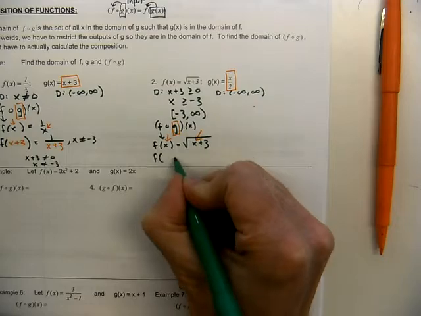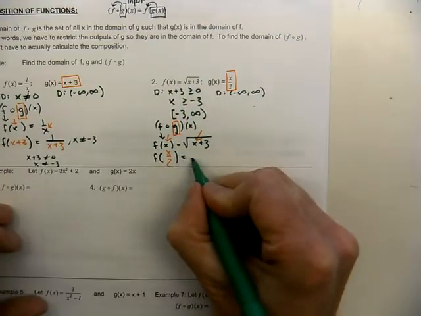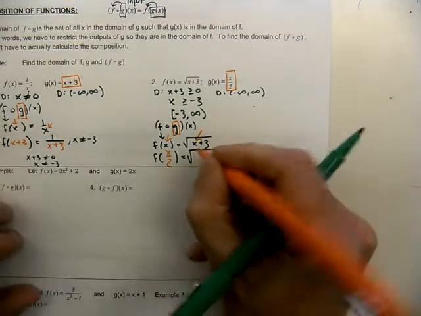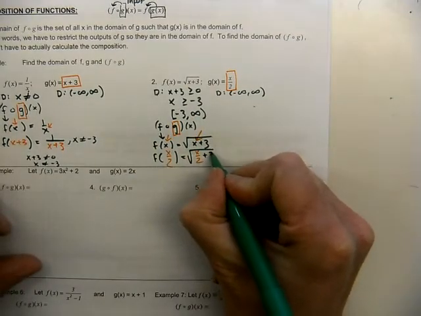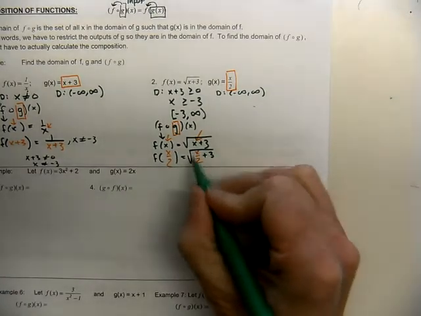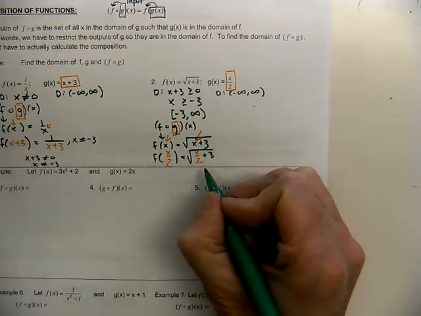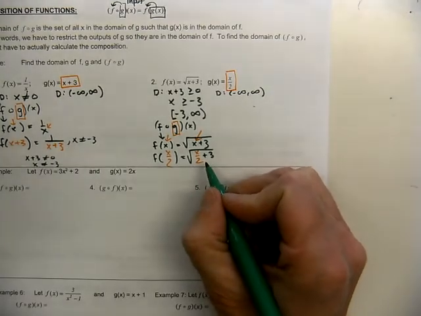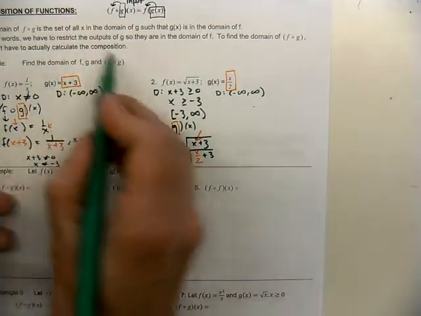And so when we evaluate the function with this new input of x over 2, we have square root of x over 2 plus 3. Now we could find a common denominator and combine those over a common fraction. That would be better. But we're really kind of focusing on the domain. That's like the bigger emphasis in this series of questions here.